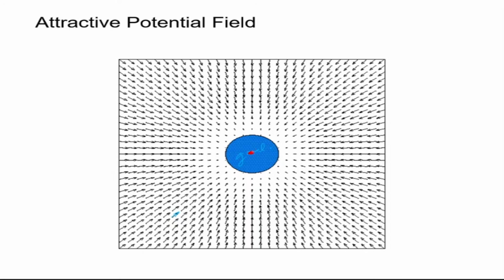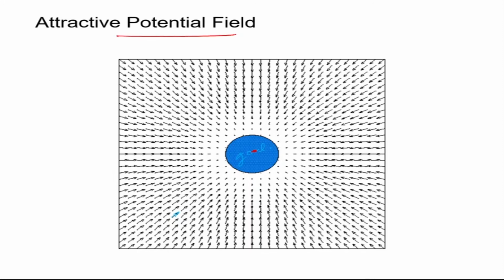They'll be moving normal to the surface like this, towards the center, right? We are seeing that these lines of force which are pulling in a particular direction are moving towards the center there. So this is the attractive potential field.